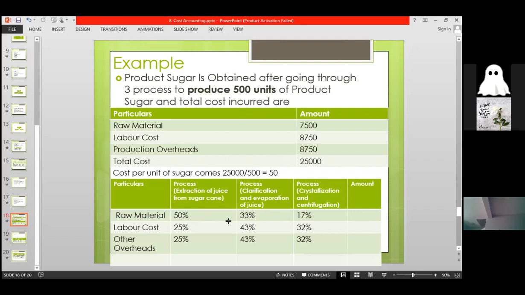Raw material, sorry, direct labor, direct material, manufacturing overheads, and total manufacturing cost. And in 10 or let's say 15 minutes, we'll start solving.